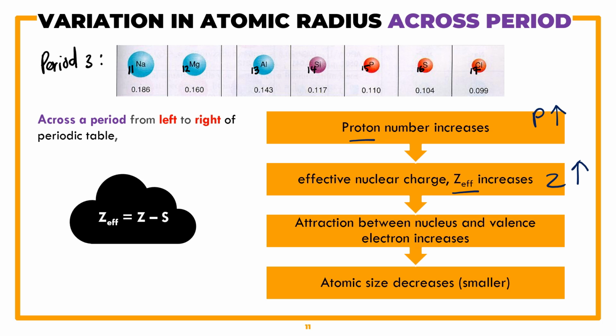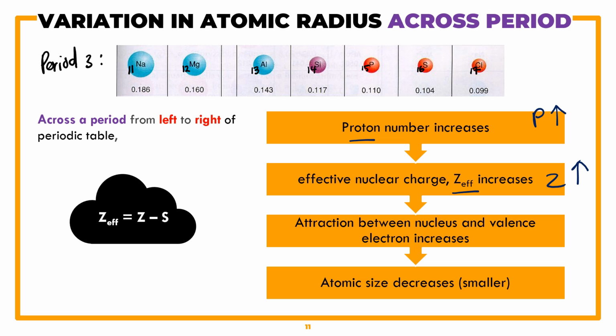Let's recall what you have learned in the factors of Zeff before. Zeff increases meaning that its value becomes more positive from sodium to chlorine. This will cause the attraction between the nucleus and the valence shell and valence electron to be even greater. Okay, lebih kuat. Tarikan di antara nukleus terhadap valence electron dan juga valence shell akan menjadi lebih kuat.